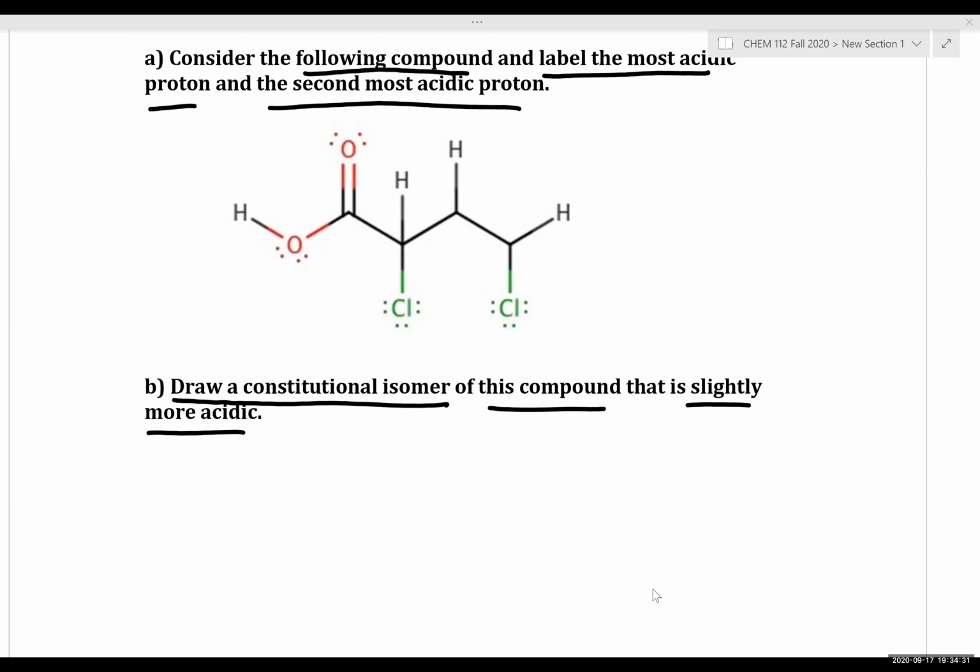Let's try to see some responses in the chat. Which protons are the most acidic, and what would a sample constitutional isomer that is more acidic be? So don't be shy to break out the annotate tool, and we'll be happy to discuss this example in about another 2 to 3 minutes. And if you have any questions, don't be shy to ask them in the chat or verbally.